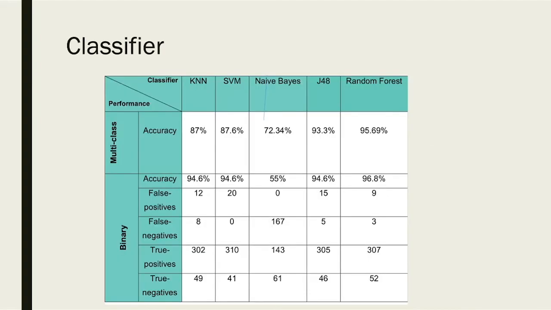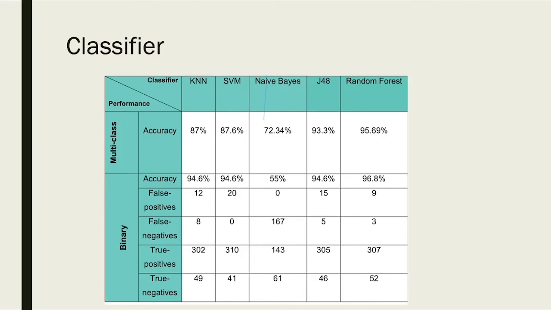And here are the results of the classifiers, in which the most interesting one is that naive Bayes is the lowest, at 72.34% in multi-class accuracy and 55% in binary.